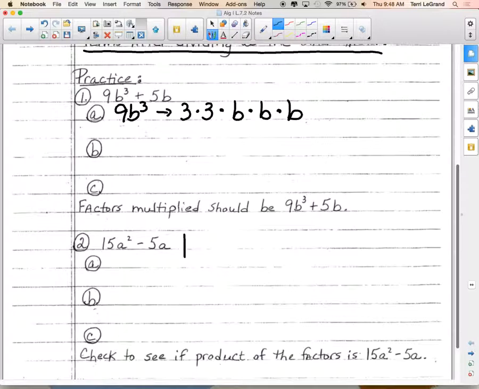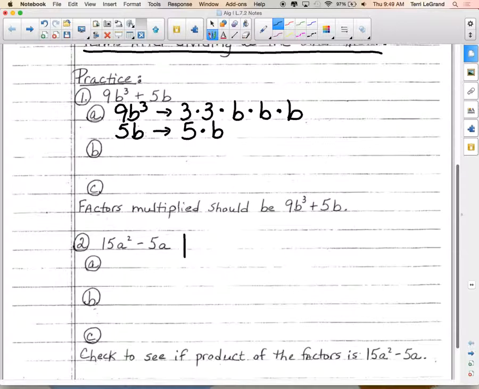I want you doing this in your notes. The other term of our binomial is 5b. So what's the prime factorization of 5? 5, right? 5 is a prime number. And then we only have one factor of b in that term, don't we?